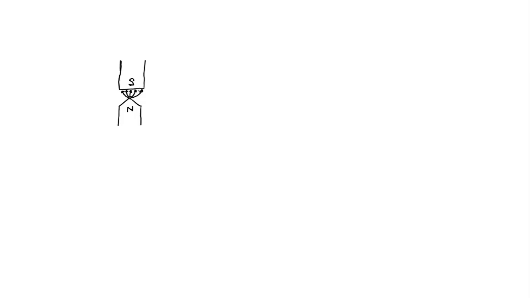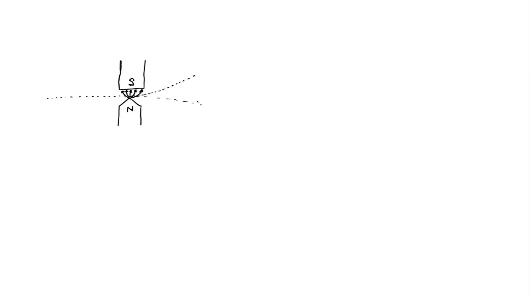And now imagine that we have an electron that we are allowing to pass through here. Now, if you look at the path of this electron, it turns out that depending upon the spin state of this electron, this path either bends up or it bends down.